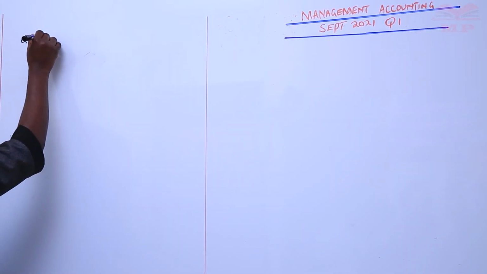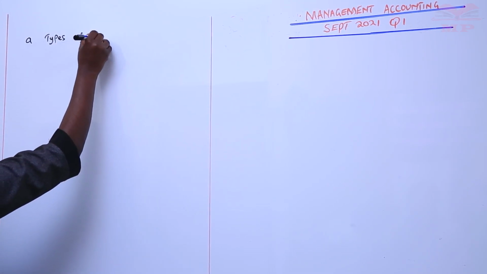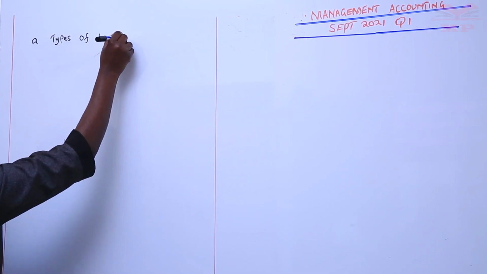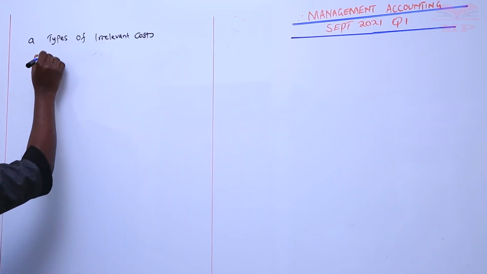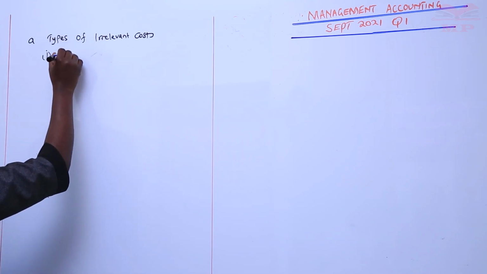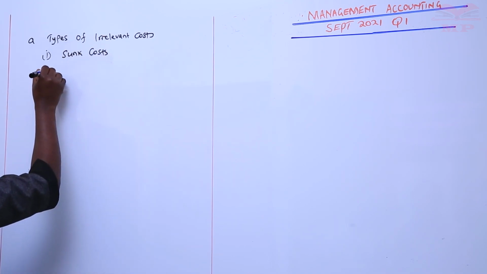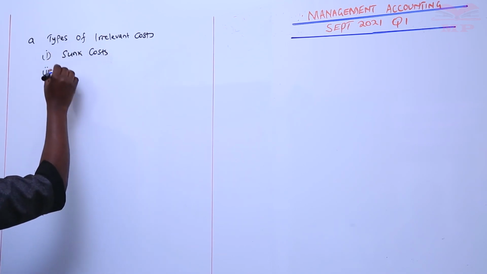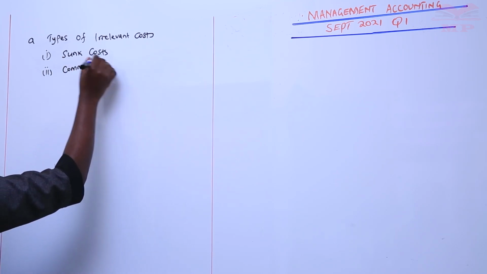So A, we have types of irrelevant costs. I'll mention them and then I'll explain. Roman 1, we have sunk costs. Roman 2, we have committed costs.